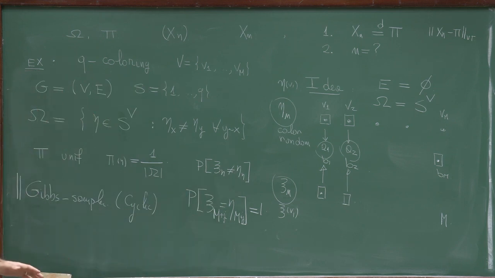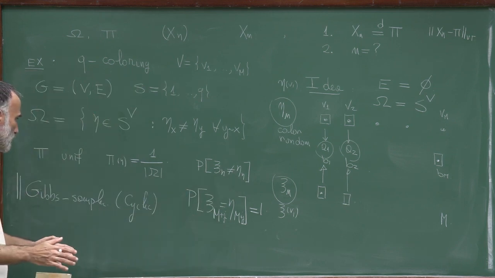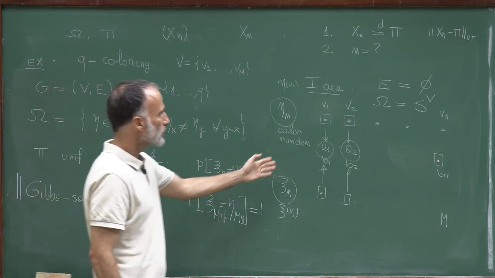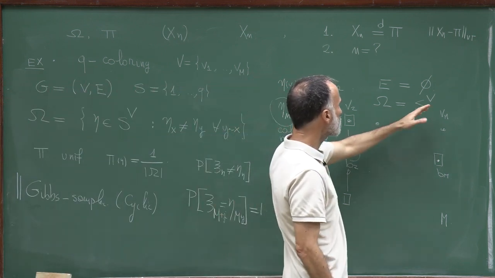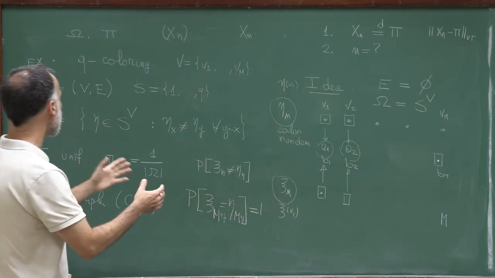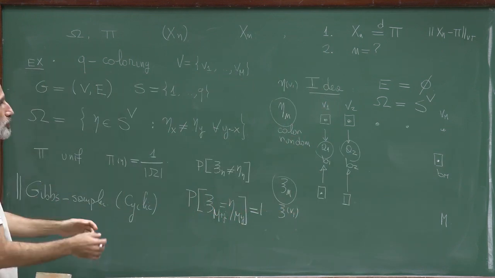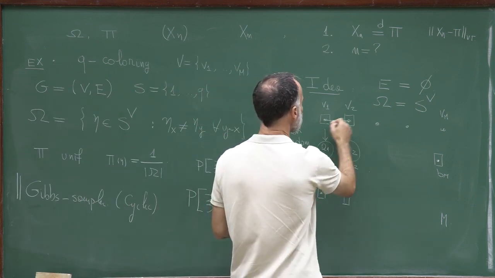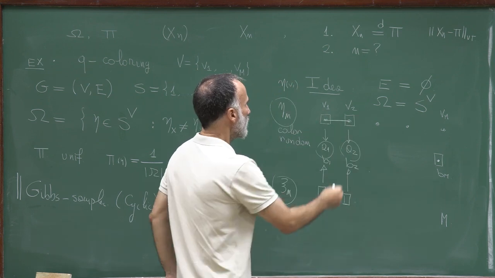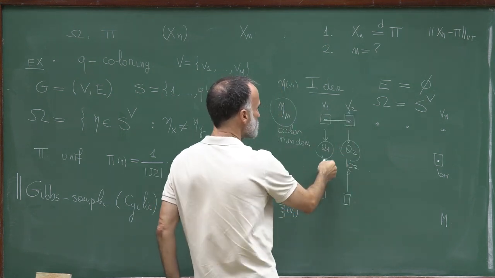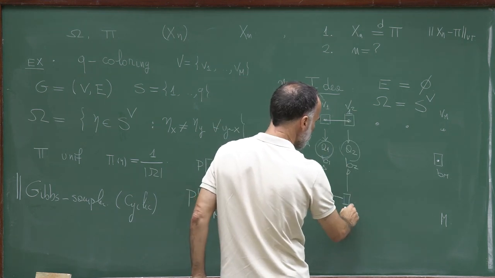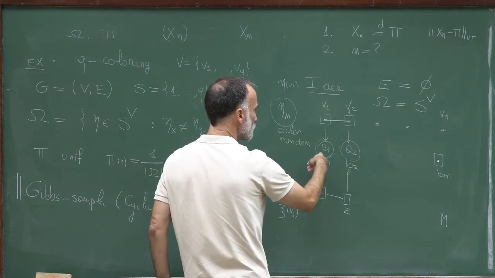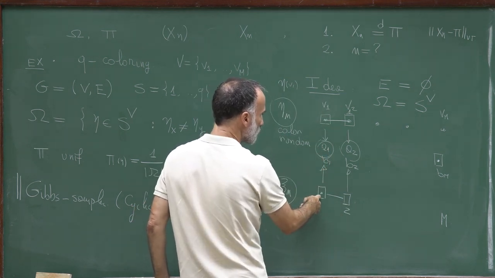So this is what I'm going to do next in the remainder of this lecture for the cyclic Gibbs sampler, but not in this trivial case, but in a reasonable case in which you have edges, and therefore you cannot just repeat that. Of course, if you have edges, if this vertex has an edge with v2, and if the color here is 1, this means that I cannot choose color 1 for eta, but I can choose color 1 for psi.